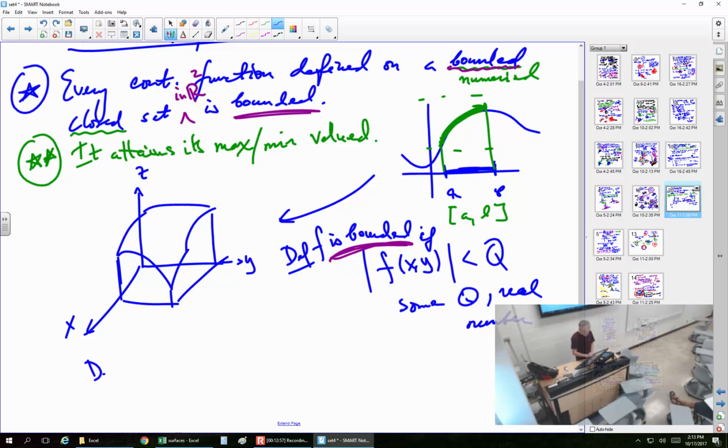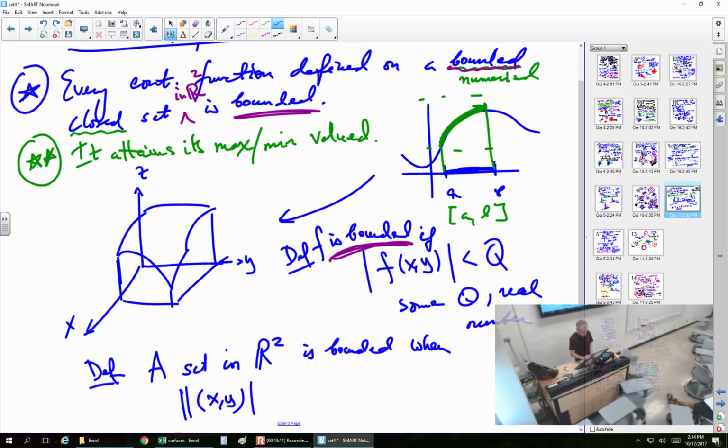So a set in R2 is bounded when, say, the magnitude of (x, y) is less than, say, some real number q. In other words, it doesn't go to infinity. That's all there is.